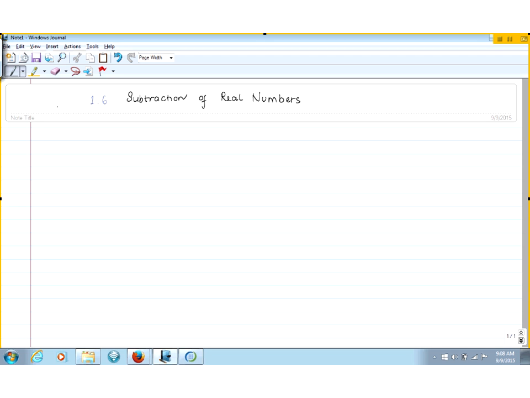Okay, so A, to subtract. What does to subtract mean? It means to add with the opposite.